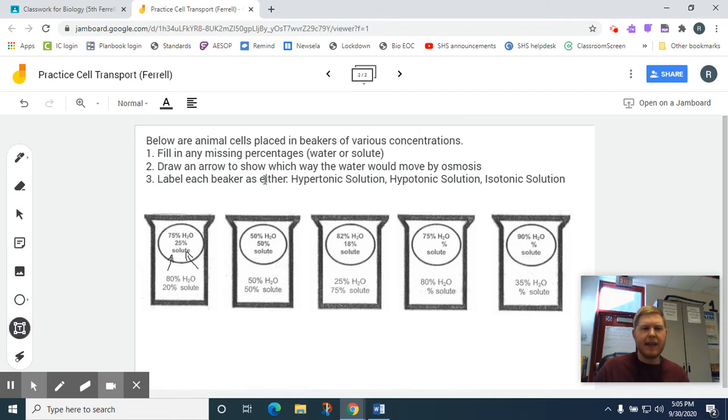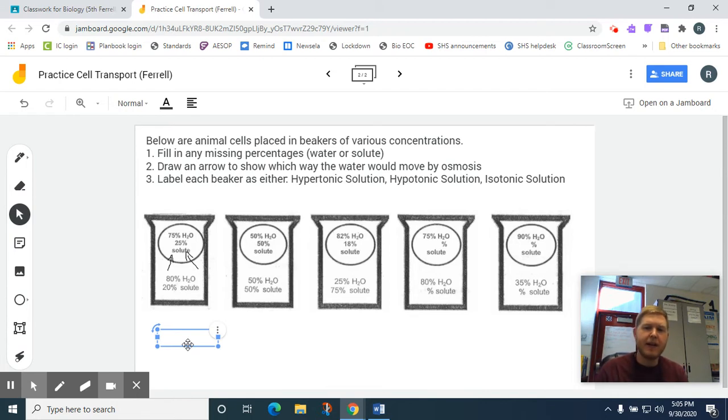Okay? Now, let's talk about if water moves inside the cell, that means that cell's going to get bigger. So now we have to label this as hypertonic, hypotonic, or isotonic. So if the cell gets big, remember we talked about some little sayings here. For hypertonic, this is going to be the hyper kid that has a ton of energy, and they're going to kind of bounce around. So that hyper kid that has a lot of energy and burns off their energy, they're always small, it seems like.